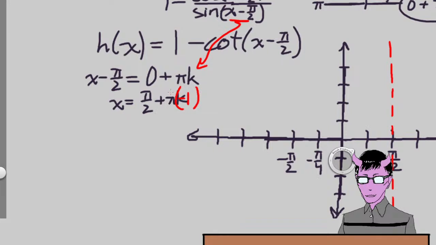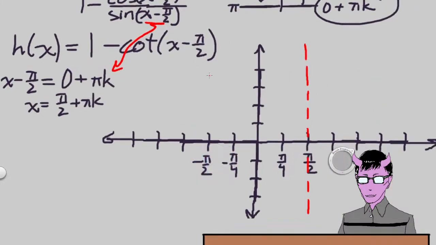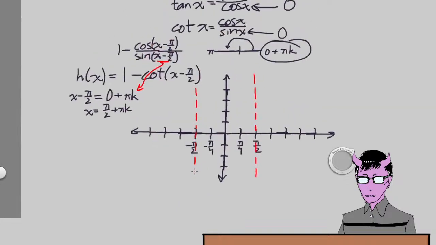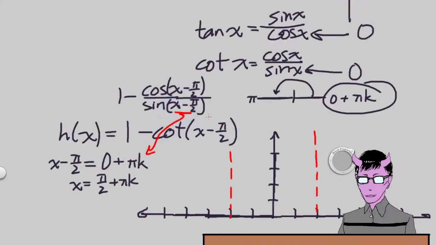So if it's minus 1, then the second vertical asymptote, the smallest negative, is going to be at negative pi over 2. I like to center things around the origin. So again, we've already accounted for the shift, so there's no need to worry about shifting shenanigans at this point, because it's already been taken care of.